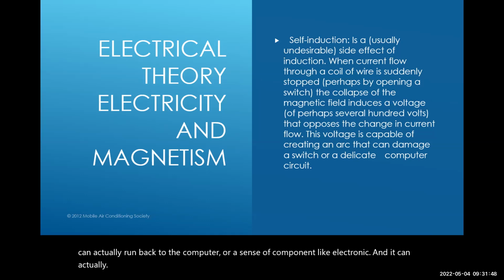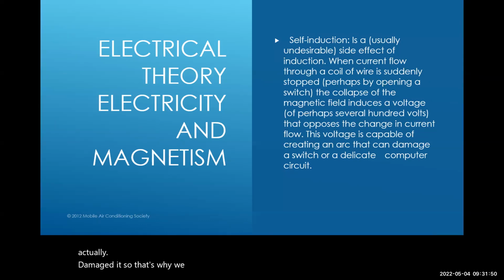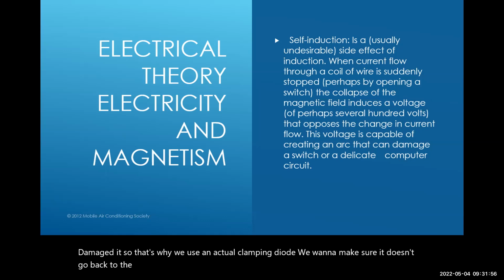So that's why we use a clamping diode. We want to make sure it doesn't go back to the computer. We can isolate it out. So we want to make sure we don't damage anything.